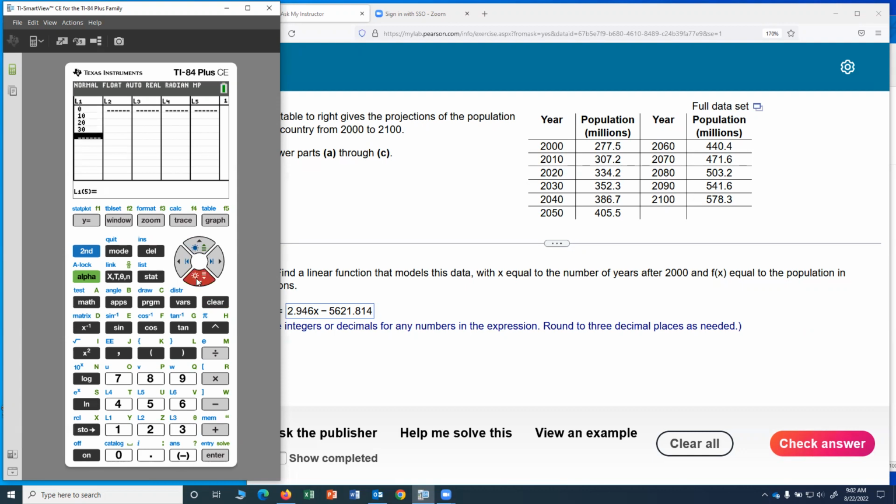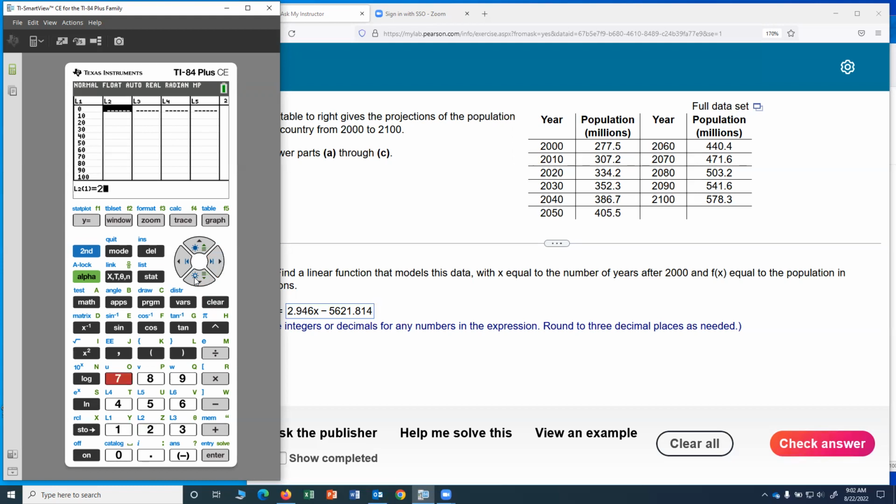Okay, so 2040 would be 40 years since the year 2000. And I have 2050 would be 50, 60, 70, 80, 90, and then 2100 would be 100 years since the year 2000. Okay, so that's my first list.